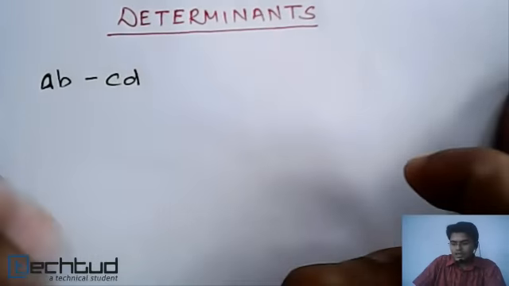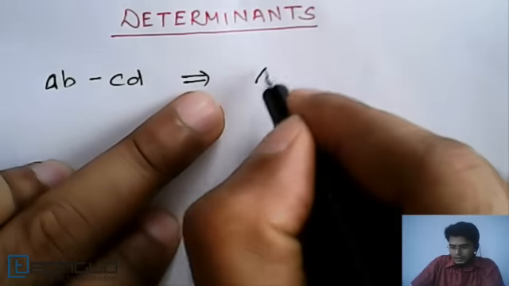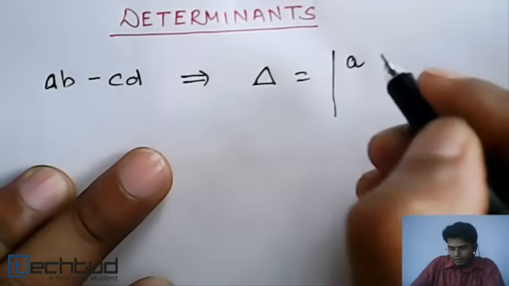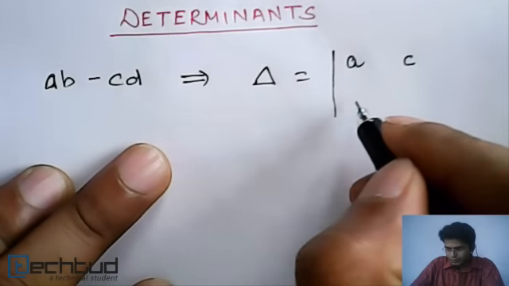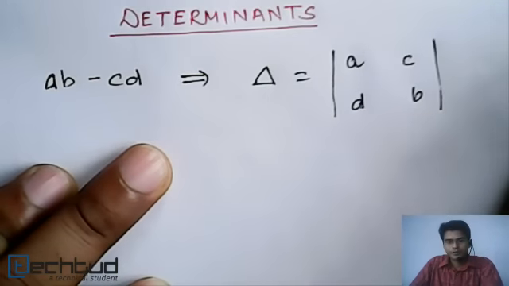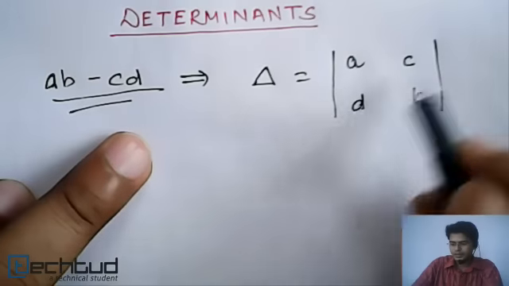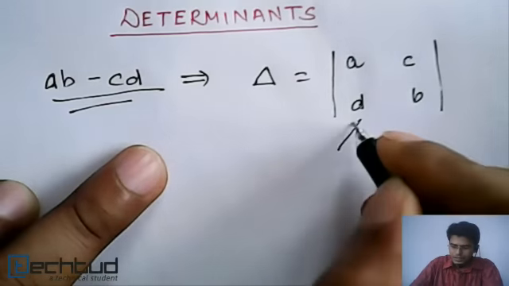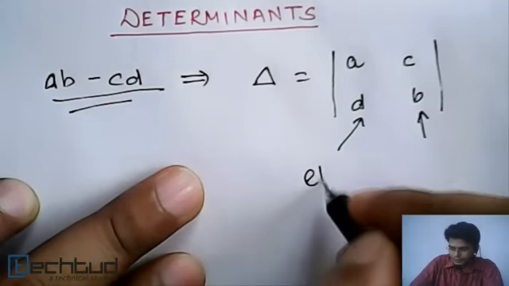Okay, so this we can represent in the form of some symbol, like we call it delta equal to A and then C, and then here it will be D and here B. Okay, so this we can represent like this. This entire expression we can represent in the form of a symbol. This is called determinant, and each of these symbols is called an element.